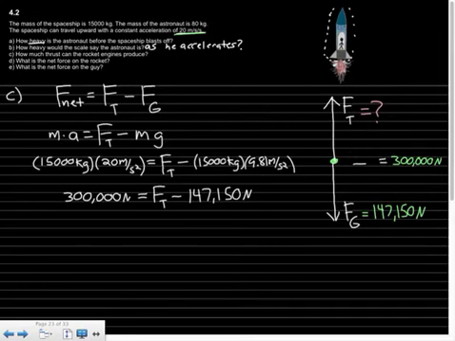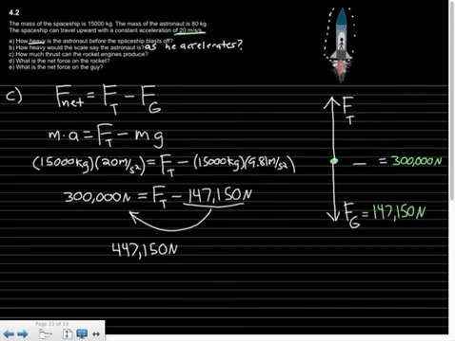Okay? So then what does Ft equal is the question. What minus 147,150 equals 300,000? Well, you simply take this and add it over here, right? Because it's a minus here, so when it comes over, you add it. So you get 300,000 plus 147,150, and you get 447,150 newtons.